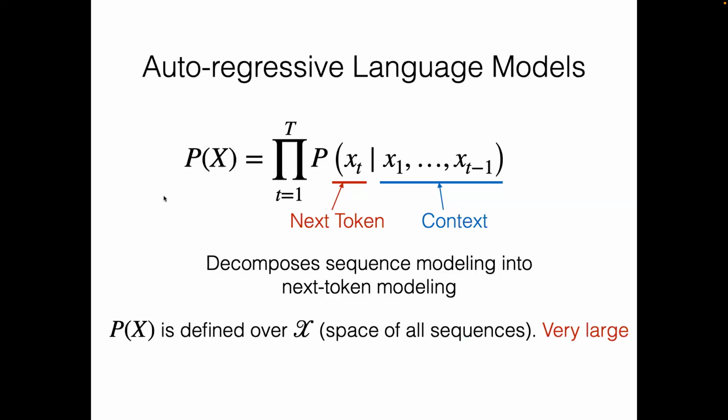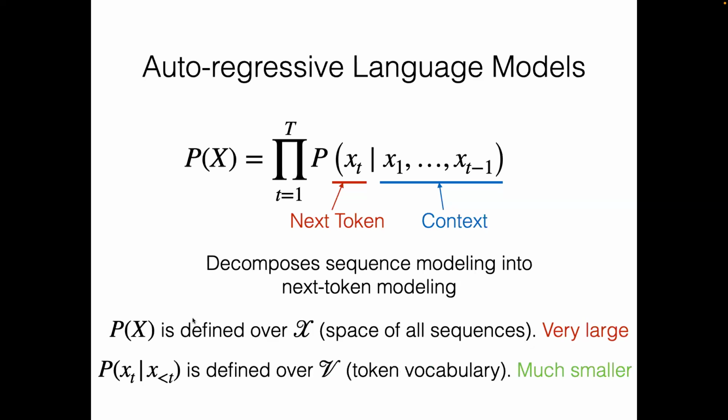And so again, this sequence distribution is over this really large space of all possible sequences. But these next token distributions are just defined over the token vocabulary. We saw in the previous lecture, this might have something like 50,000 different possible next tokens. And 50,000 is relatively small.